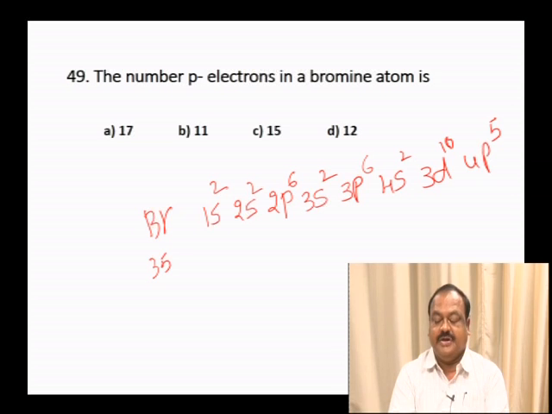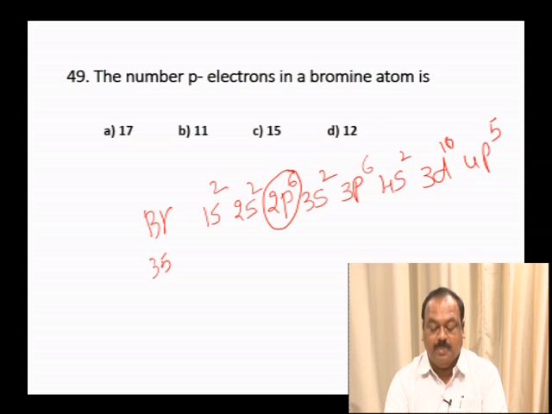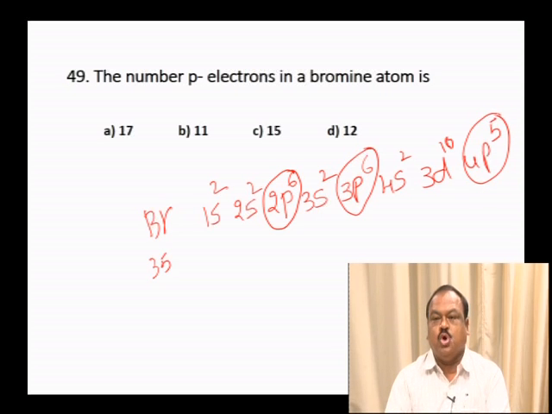The p electrons are 2p6, 3p6, 4p5. So the total p electrons in bromine is 6 plus 6, 12, 12 plus 5, 17. So the answer is A.